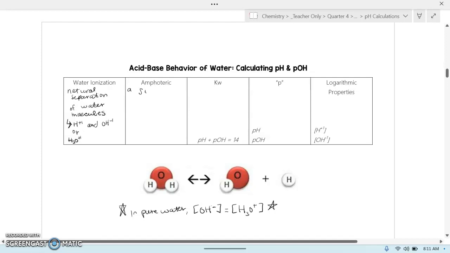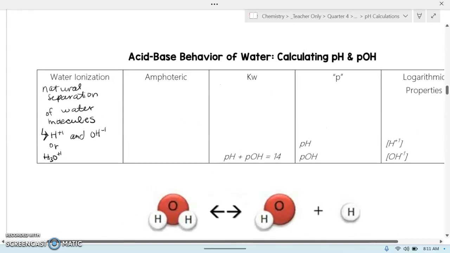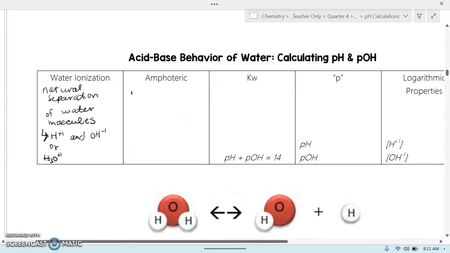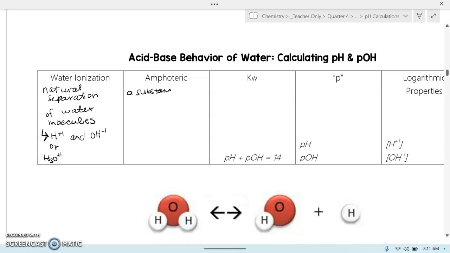Water is one of the most common of the amphoteric substances. So it is a substance that can exist as an acid sometimes and a base other times.